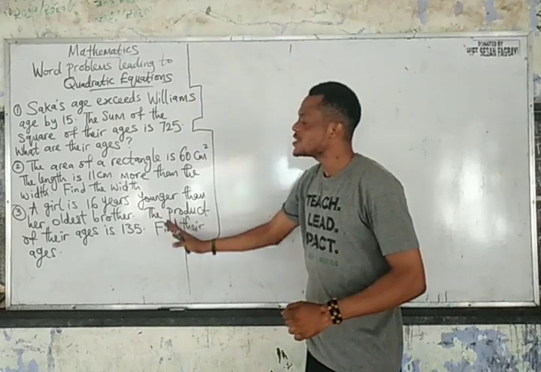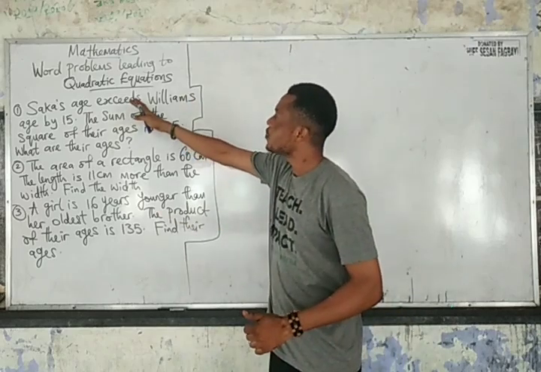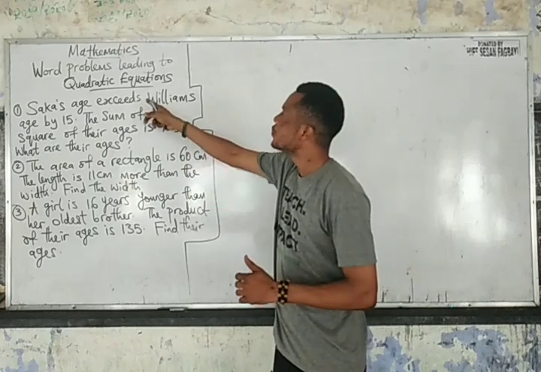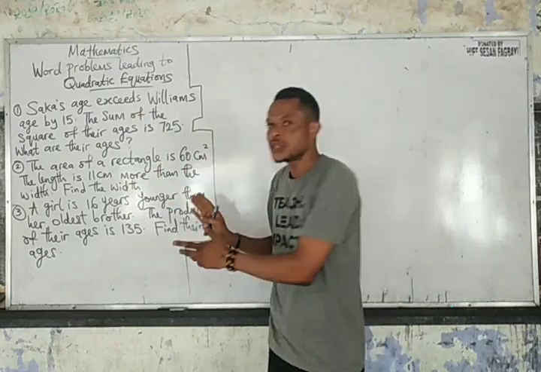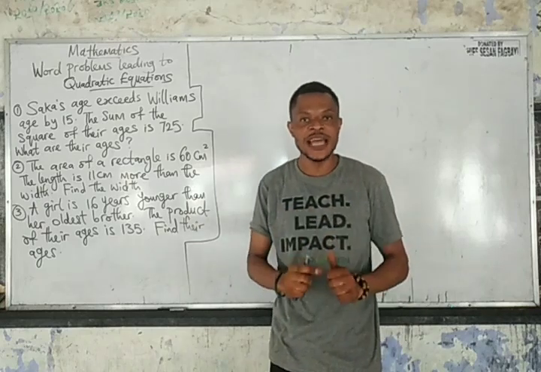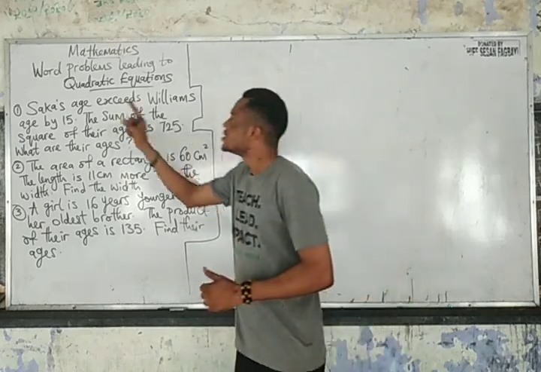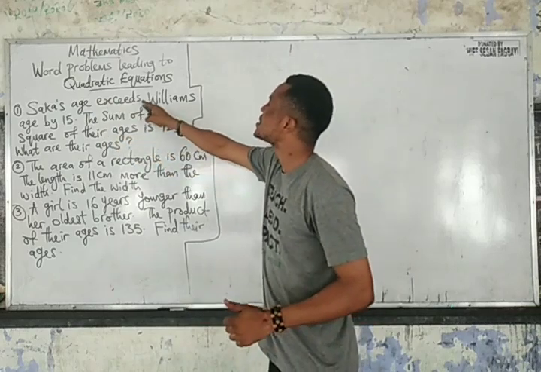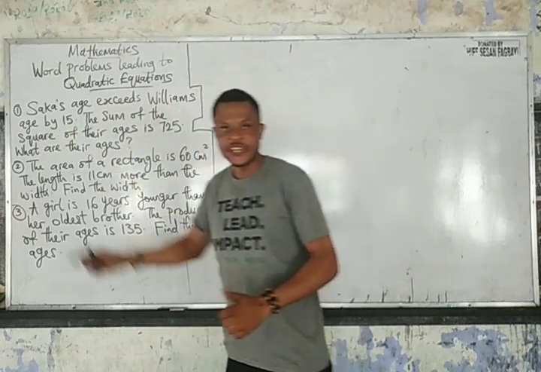We have 3 questions here to solve together. Here I'll be taking you through the first and the second one, of which you are going to work on the third one as part of your task. Now let's look at what the first one gives. Saka's age exceeds William's age by 15.